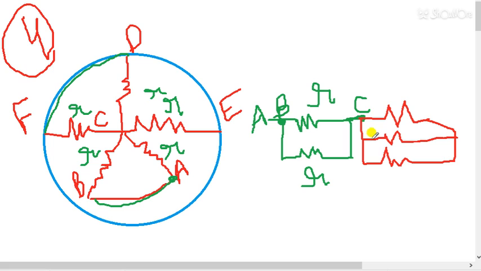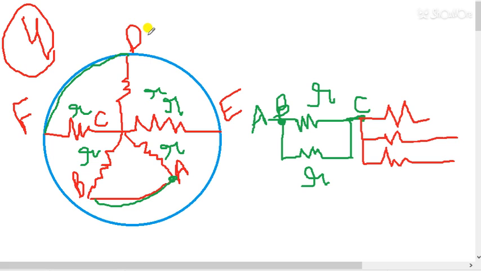So this will be the circuit, and this can be the point F, this can be point D, or this can be point E also, because they all are common, they all have same potential. Because no resistance is there, potential at D will be same as potential at E and potential at F. So you can take it as same potential points.